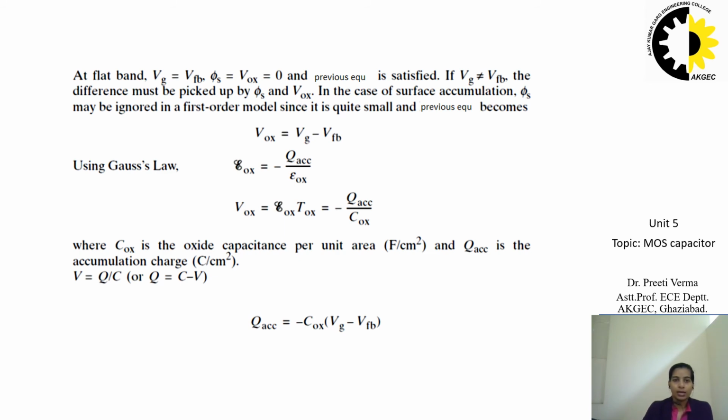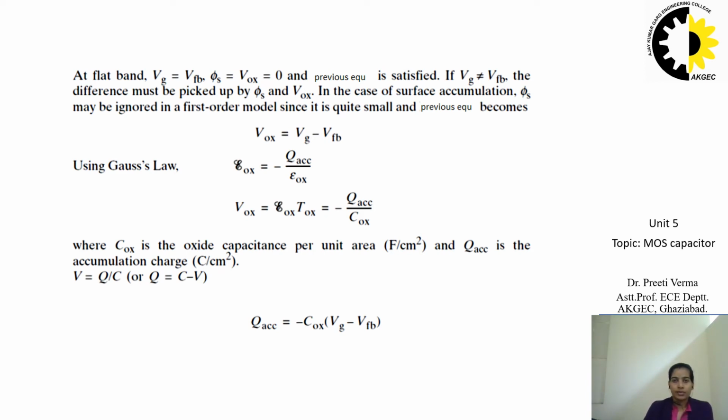At flat band, Vg is equal to Vfb, and phi s is equal to Vox is equal to 0, so the previous equation is satisfied. If Vg is not equal to Vfb, the difference must be picked up by phi s and Vox.